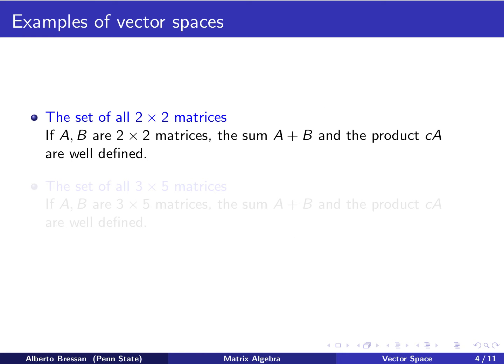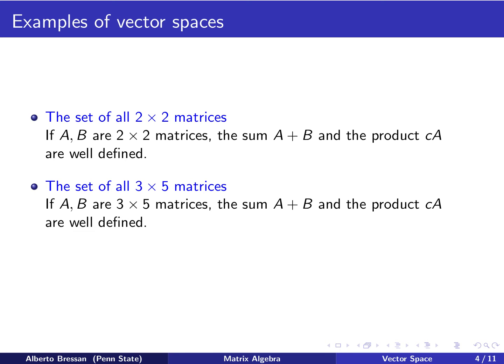Let's look at a couple more examples. The next one will be the set of all 2 by 2 matrices. You can easily verify that if A and B are both 2 by 2 matrices, then the sum A plus B is a 2 by 2 matrix, and also the product of A times a constant c is also a 2 by 2 matrix.